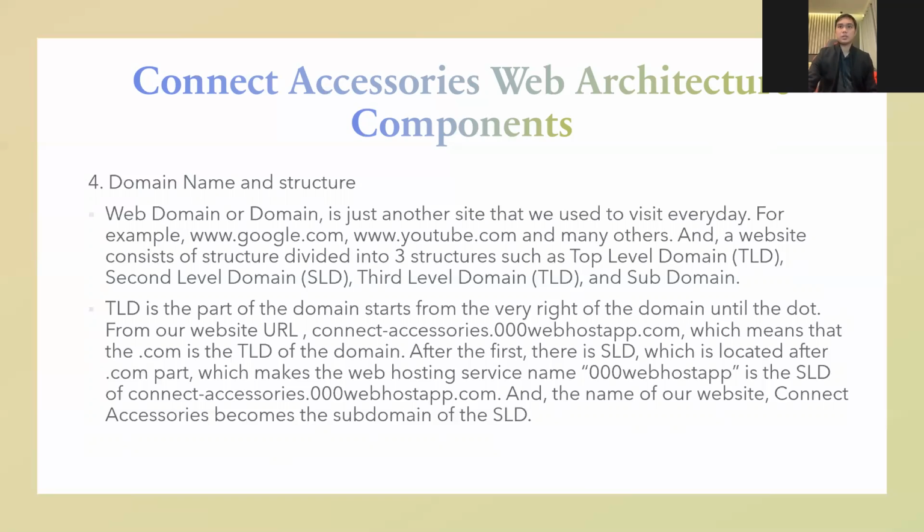After that, there is the SLD, which is located before the .com part, which is the web hosting service 000webhostapp. It is the SLD of connect-accessories.000webhostapp.com, and the name of our website, Connect Accessories, becomes the subdomain of the SLD.